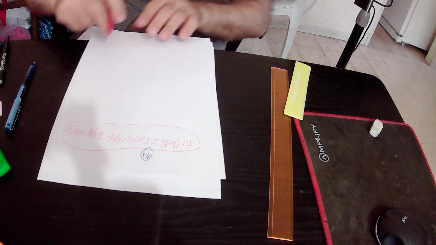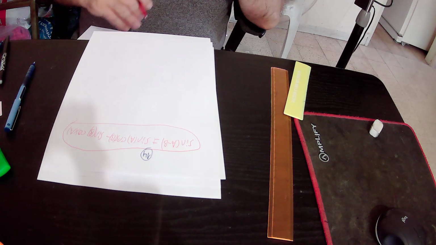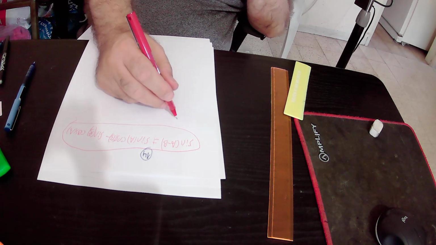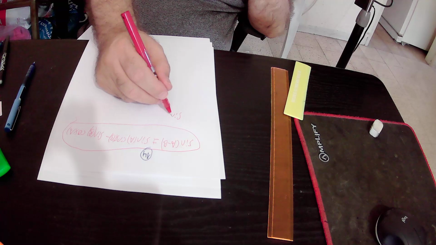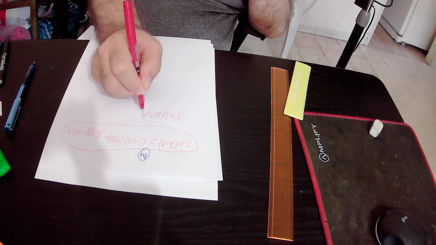So we'll use this trigonometric identity in order to calculate the value of sine 120 degrees minus p.